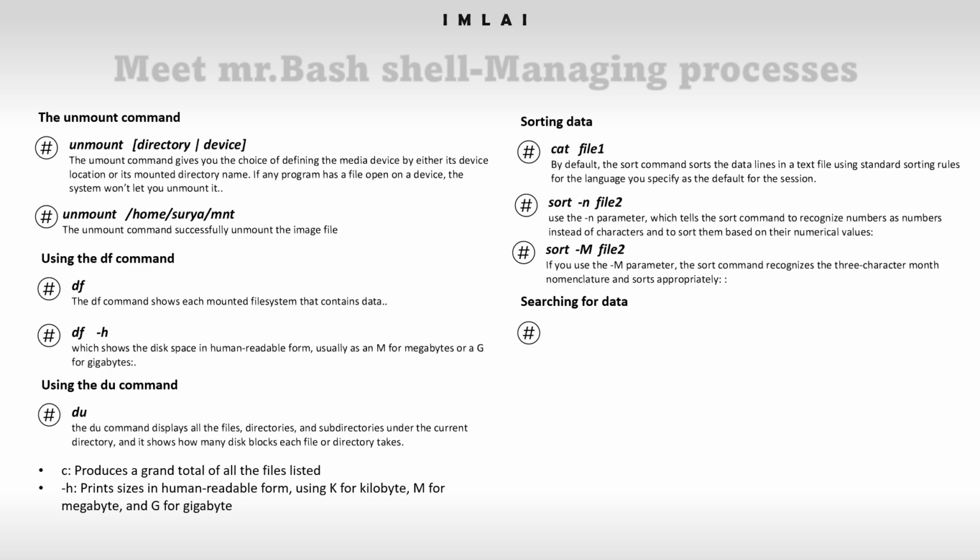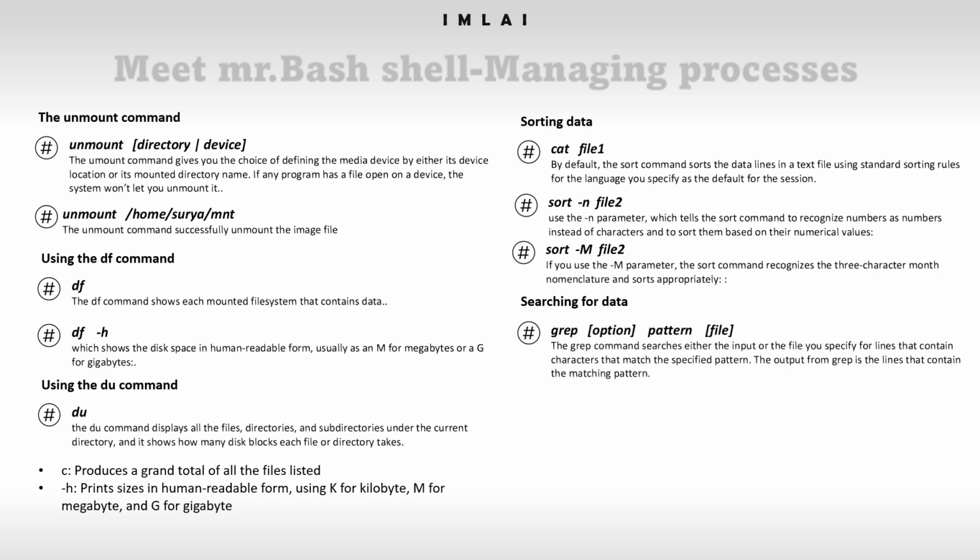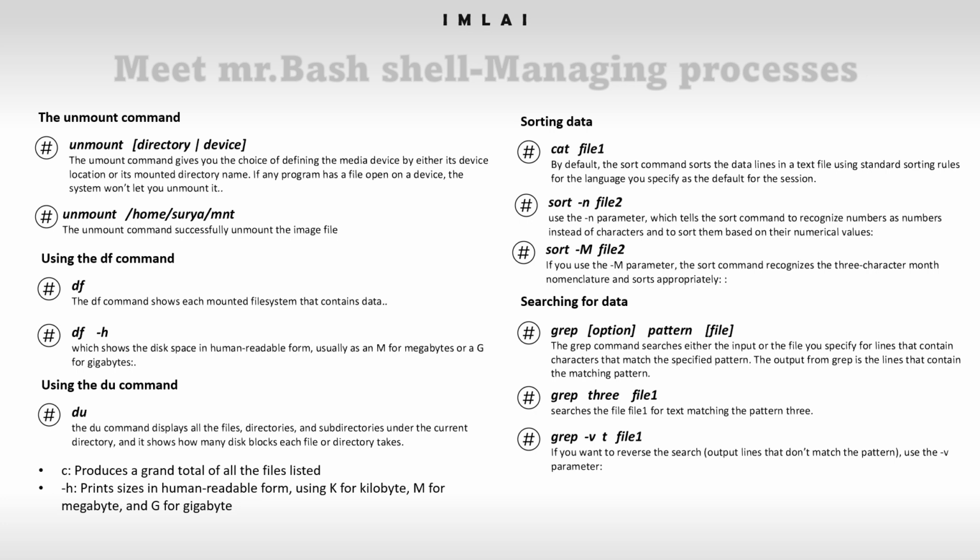Instead of manually scrolling through the entire file, you can let the grep command search for you. The command line format for the grep command is on the screen. The grep command searches either the input or the file you specify for lines that contain characters that match the specified pattern. The output from grep is the lines that contain the matching pattern.